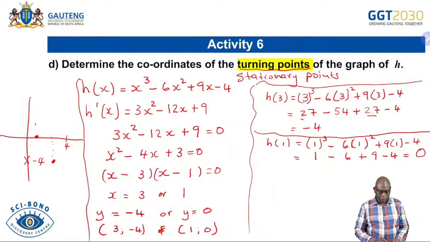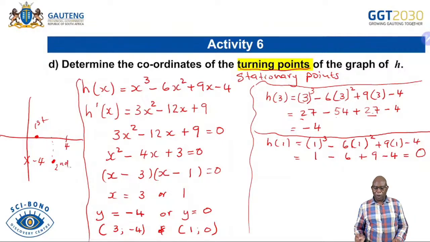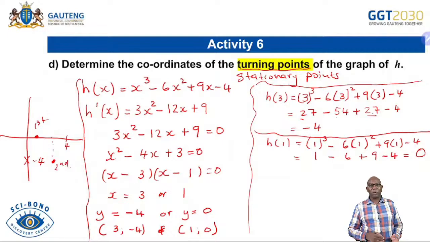I've got my first turning point, my second turning point. So what do I know about the a value, which is positive? Can you see I've already drawn my sketch. My first turning point, if a is positive, will be a maximum. My second turning point will be the minimum. Then I put all the points in there. So all my points are done. The next thing that I need to do is to sketch the graph.